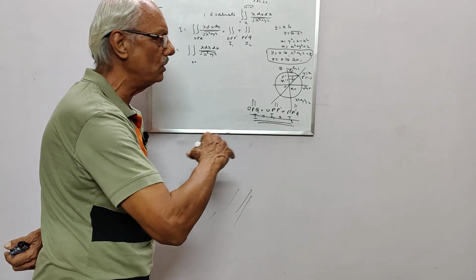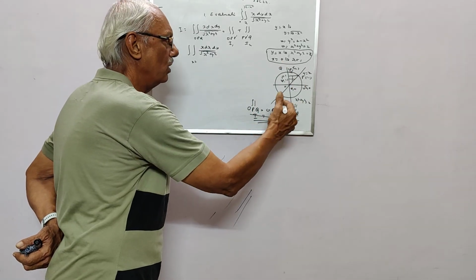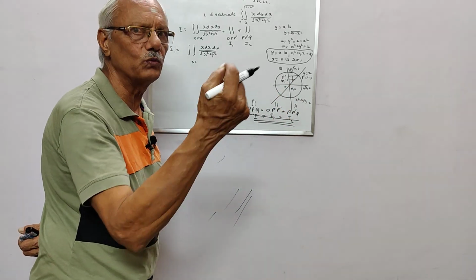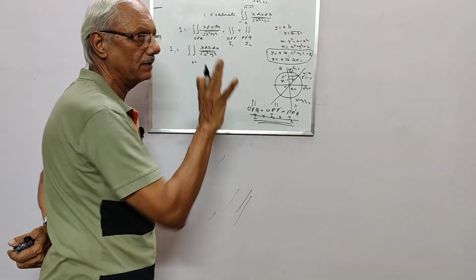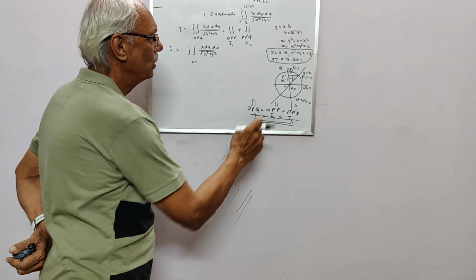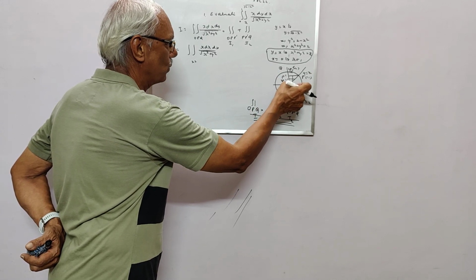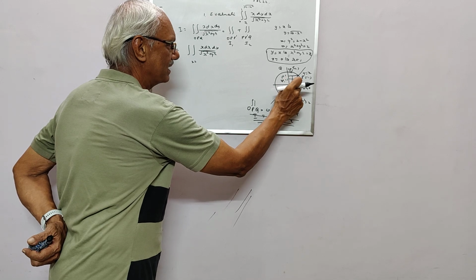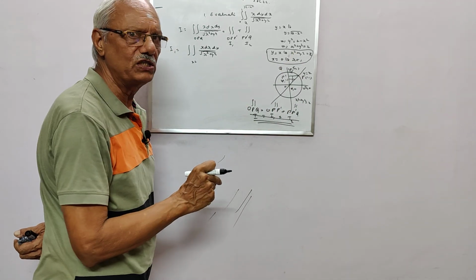Now you see that when you take the x limit, x on the y-axis is 0 and you draw a line parallel to the x-axis, it will go and dash against a point on the line y is equal to x.